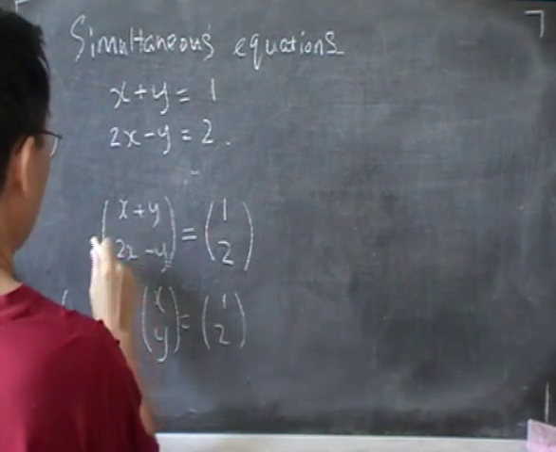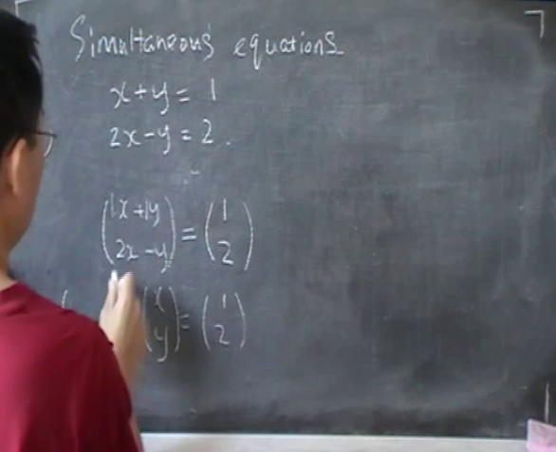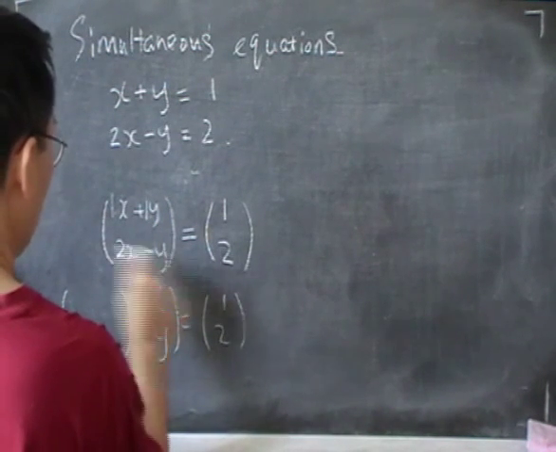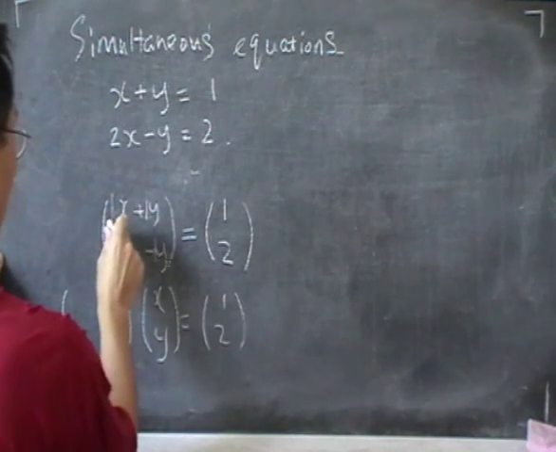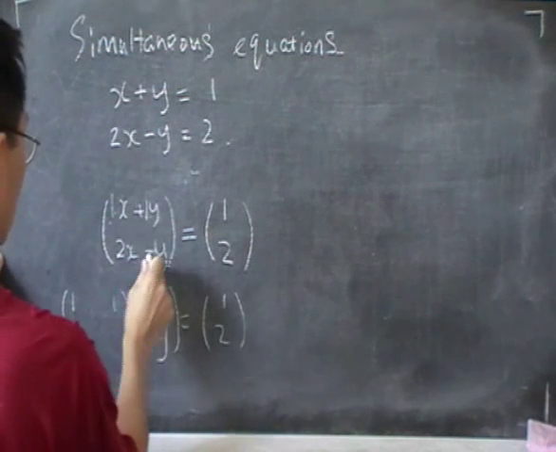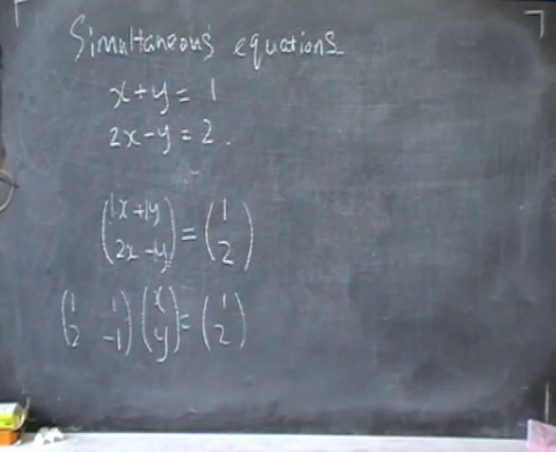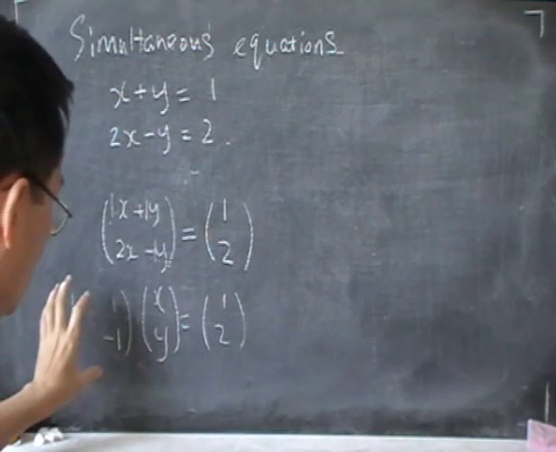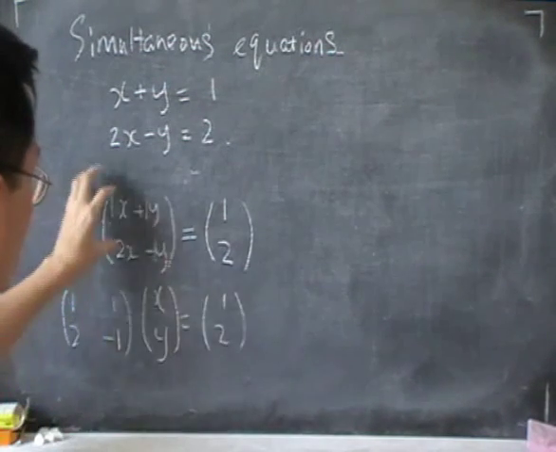So x plus y, I'll think of it as 1 times x plus 1 times y. 2x minus y would be 2x minus 1y. So I'm going to pick out these numbers 1 and 1 and put it down here. 2 and minus 1 and put it down here. And I'm going to say that when I multiply these two matrices, I would actually get this.